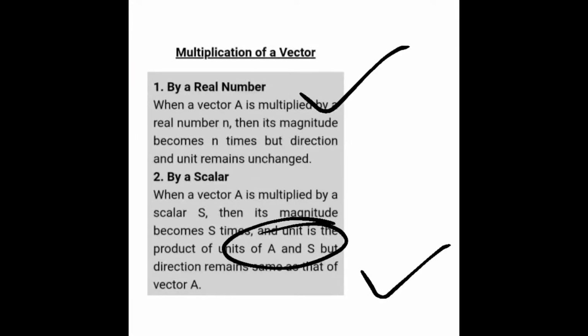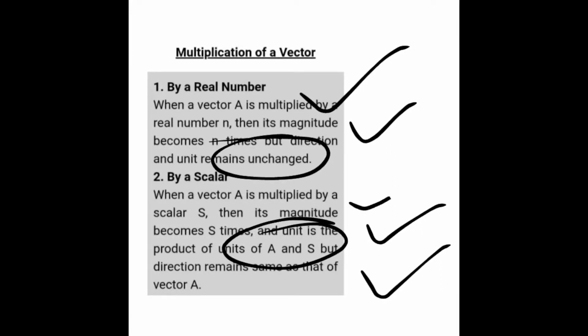But what is different here? Here it becomes n times and here it becomes s times, but here the units remain unchanged, while here the units become the product of the vector quantity and the scalar quantity. Only the units get changed. Apart from this, their value becomes s times and n times, and they act in the same direction.